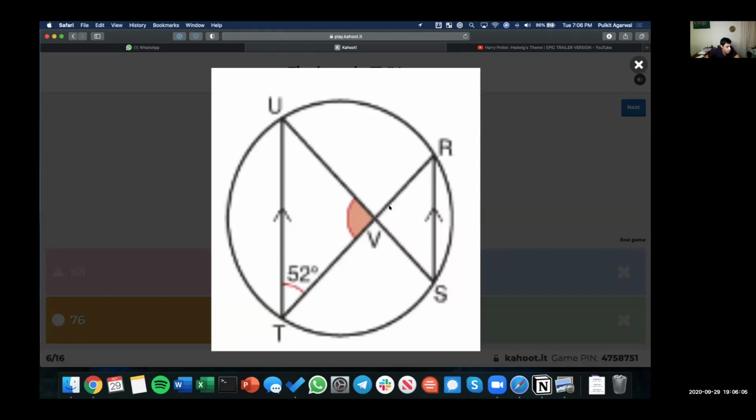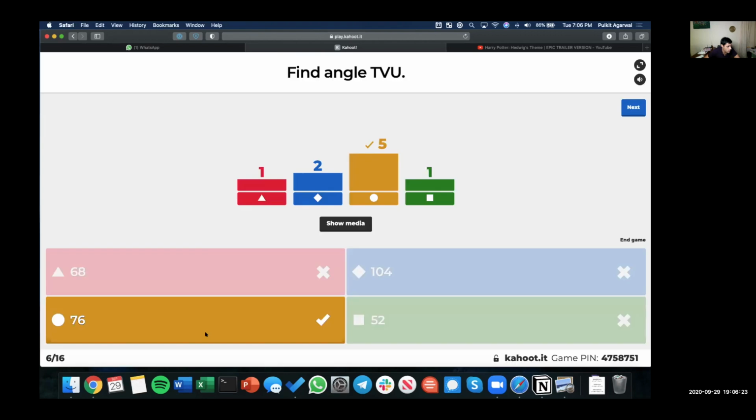Therefore, you have the Z shape here. So this angle is also 52. So this is 52 and this is 52. So you can do 180 minus 104 to get this angle. And then this would be the same angle as this, right? So 180 minus 104 is 76. This is also 76. Well done.